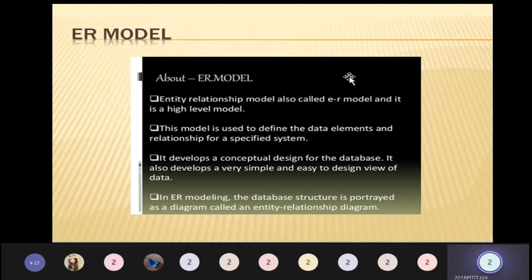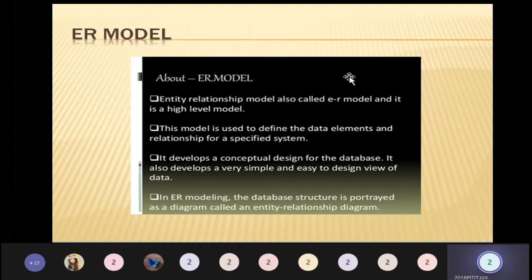That is, the system hides certain details of how the data are stored and maintained. So that is a view of the data. How to view the data? That is a view of the data. These are the three levels of data abstraction.